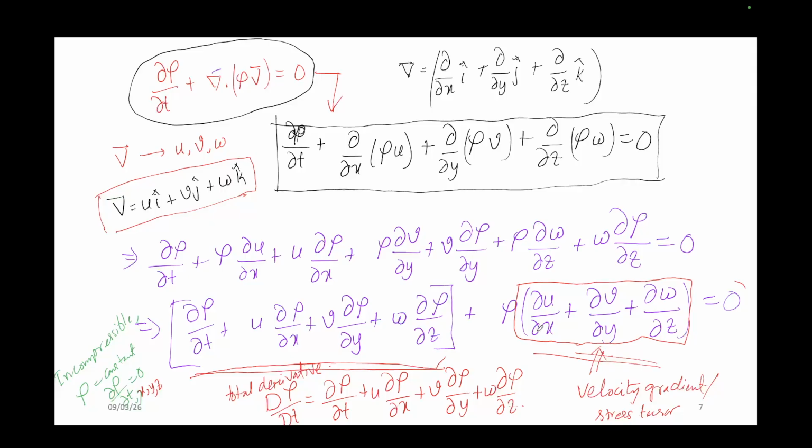Say in a question it is given v equal to 2x i cap plus 2y j cap plus w k cap at point 1, 2, 3.